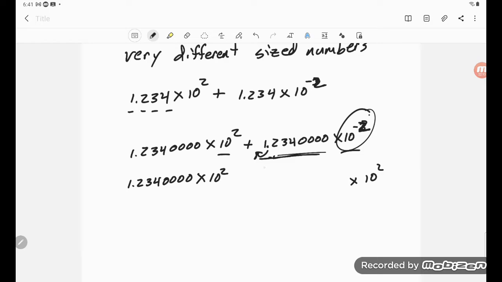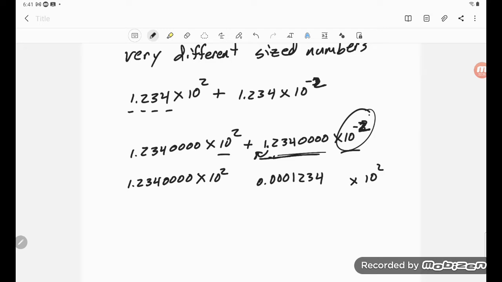Right, so this number is going to be 0.000 1, 2, 3, 4, and that's 1, 2, 3. Yeah, okay.